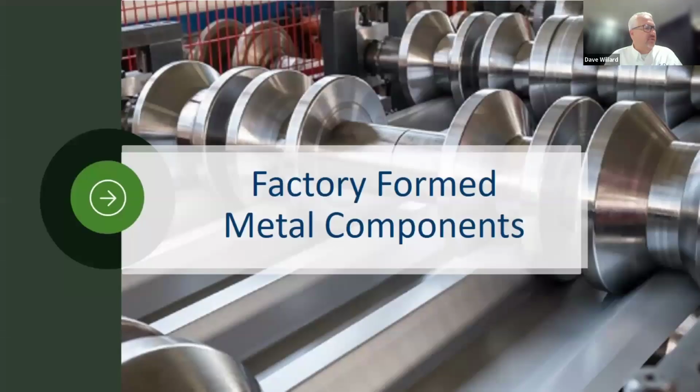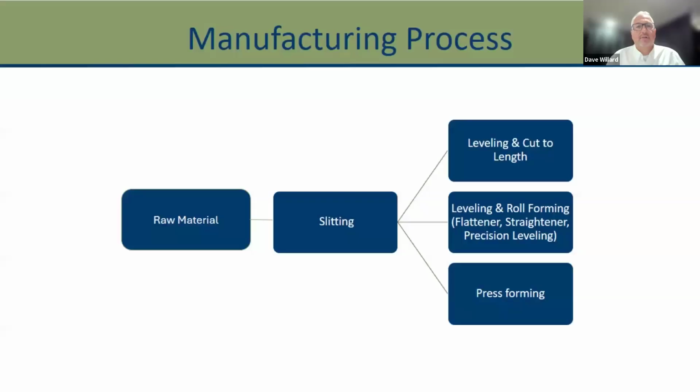Now, factory formed components, and we're going to talk about factory formed because that's a big buzzword that we see here a lot. The manufacturing process starts with your raw material, your coil, and it's slit down to what size you need. So that coil has to be taken off the master coil. It's leveled and cut to length for each particular project.